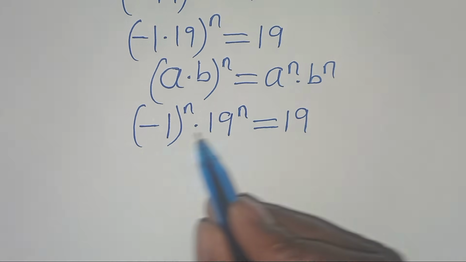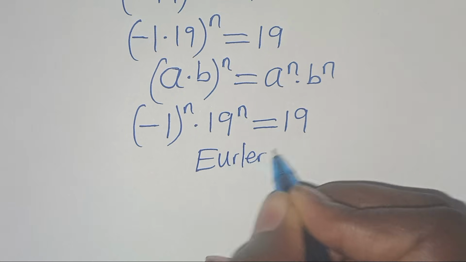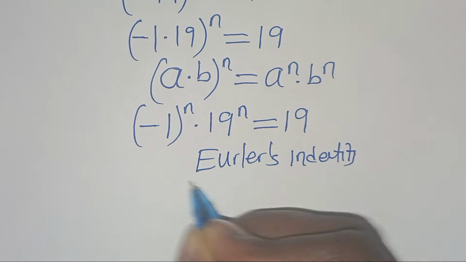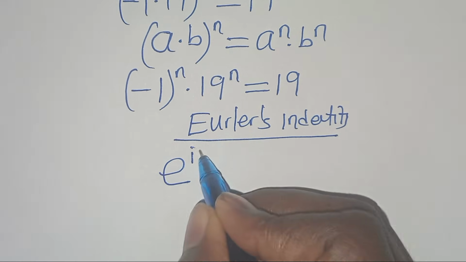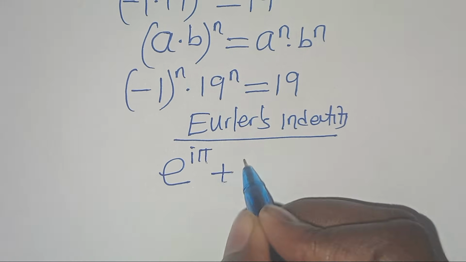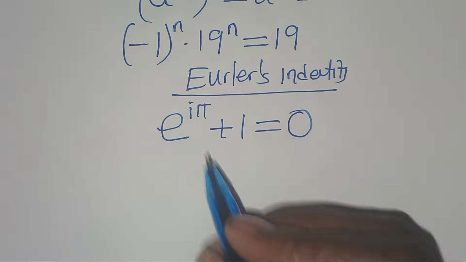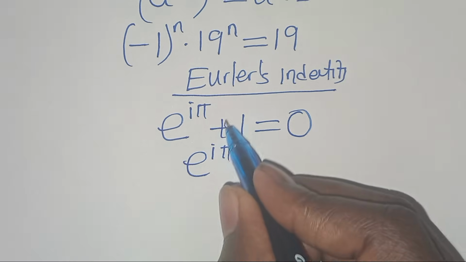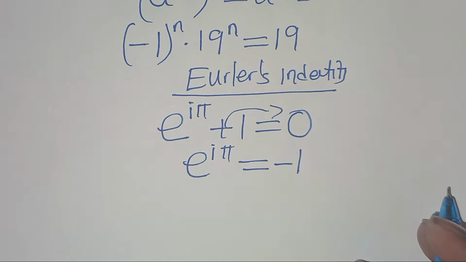Now, the next step from here, let's apply Euler's identity, so that e to the power of i pi plus 1 is equal to 0. So this means that e to the power of i pi, taking plus 1 to the right hand side, is equal to -1.